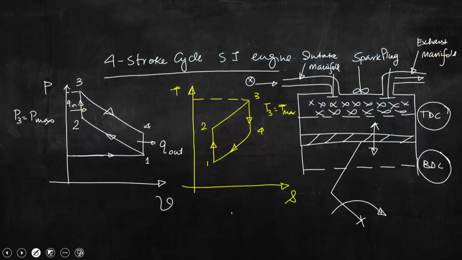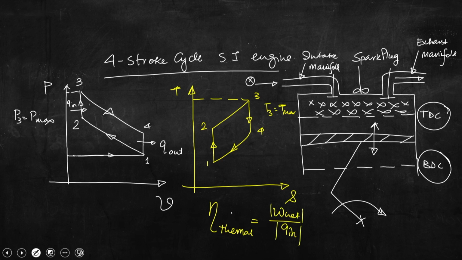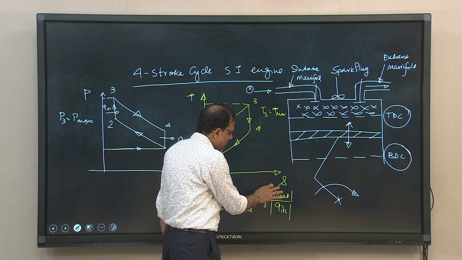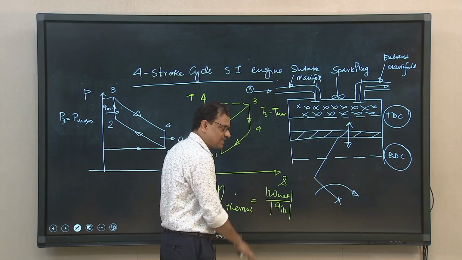So, you know very well that thermal efficiency, from the second law, we can write as W net by Q in. It is better to always represent in terms of specific quantities, that is, per unit mass of working substance. So, if we know Q in and W net, then we can quantify this.